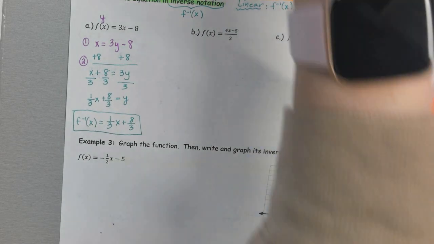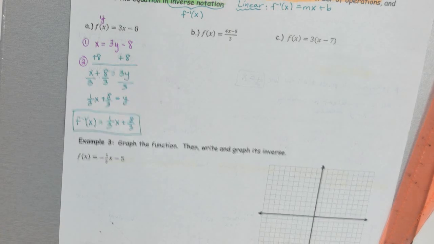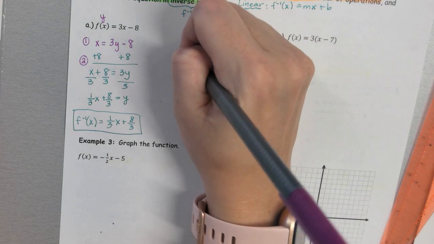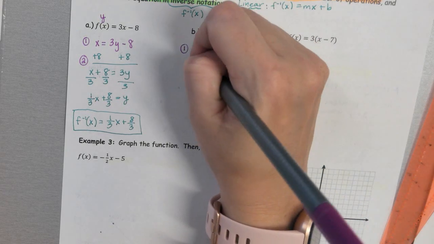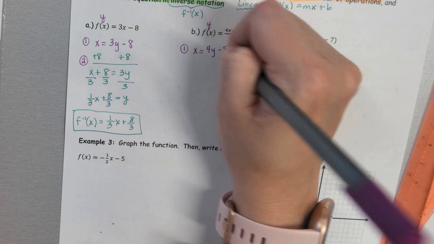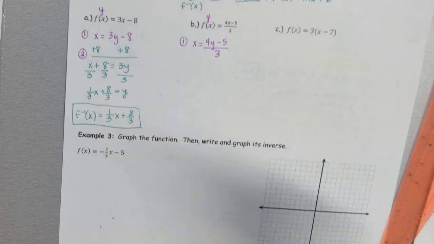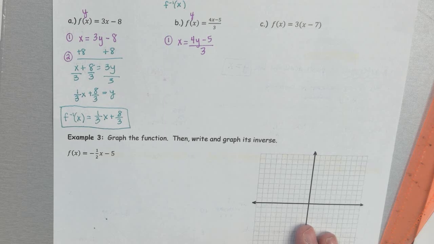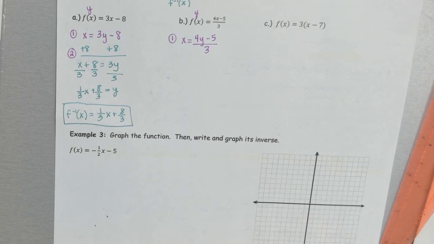All right, let's try b. So again, this is like your y, so your first step is to switch, so x equals 4y minus 5 divided by 3. So what do I want to move over first?